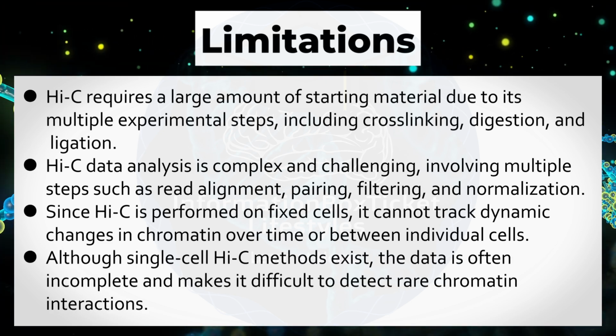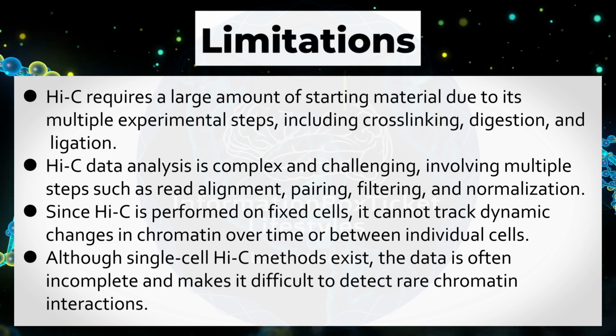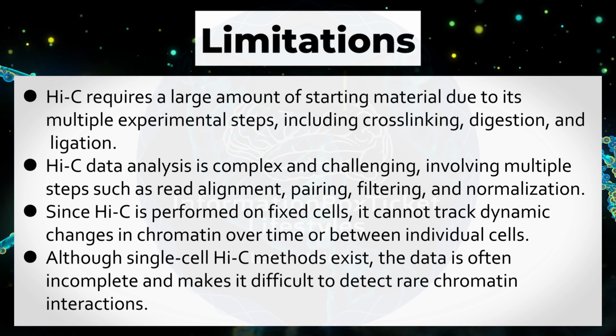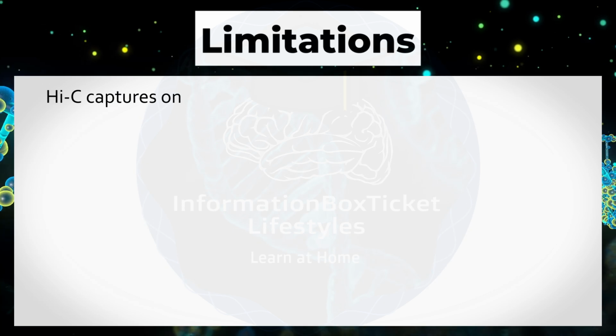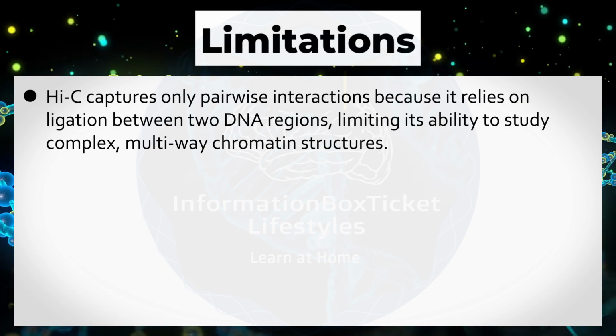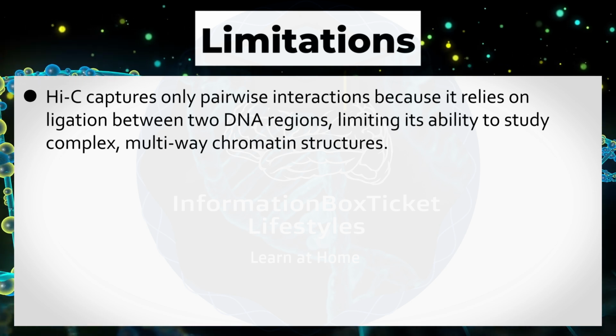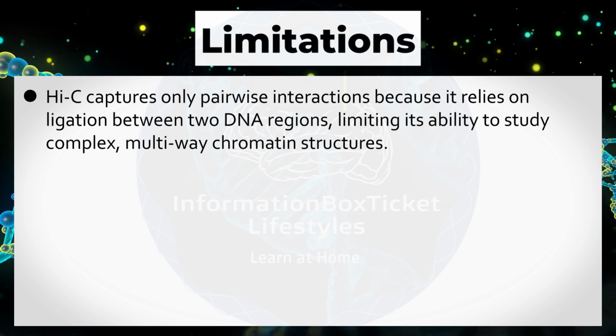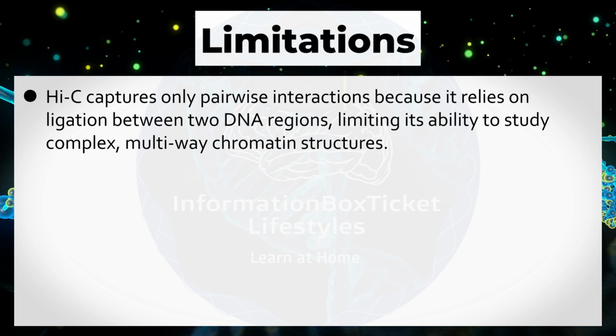Although single-cell Hi-C methods exist, the data is often incomplete and makes it difficult to detect rare chromatin interactions. Hi-C captures only pairwise interactions because it relies on ligation between two DNA regions, limiting its ability to study complex, multi-way chromatin structures.